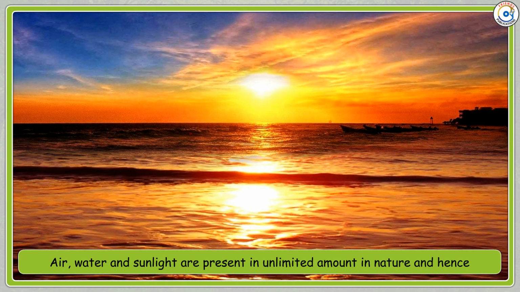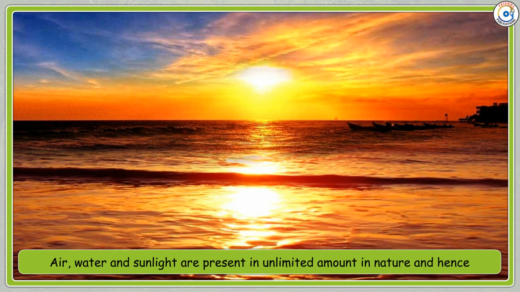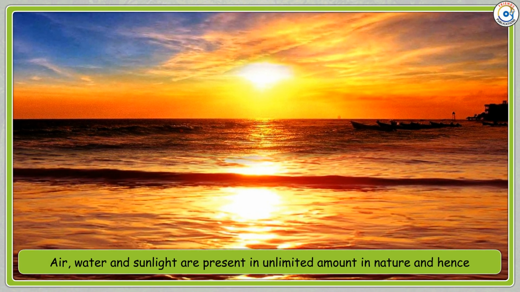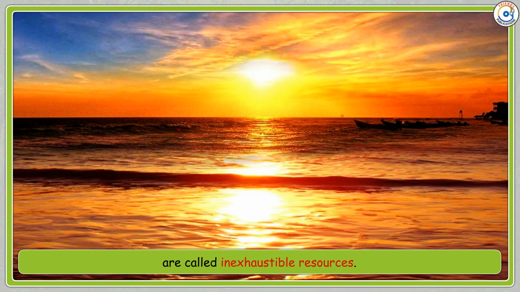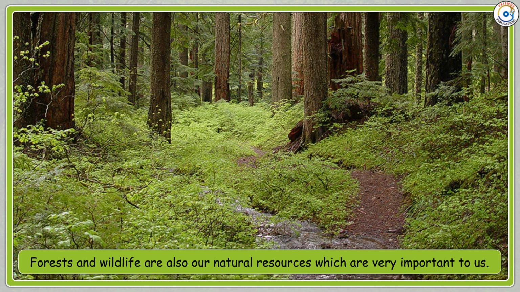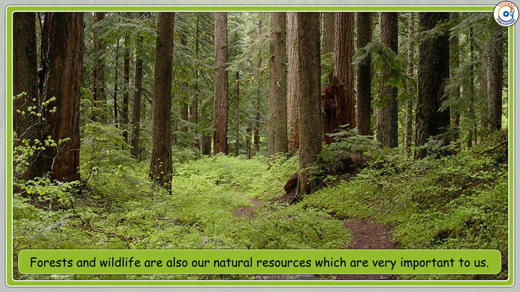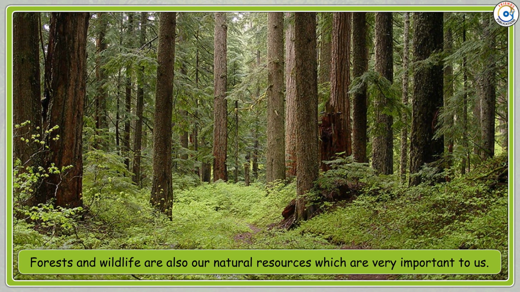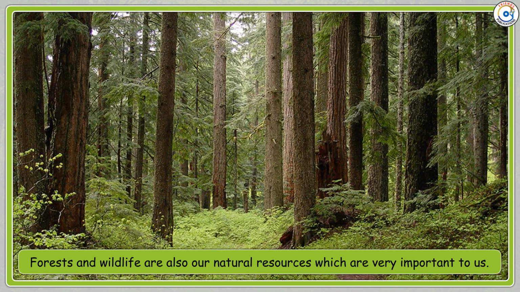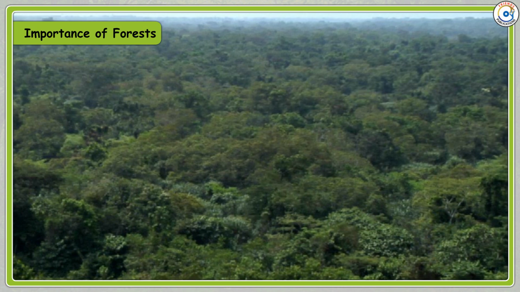Air, water, and sunlight are present in unlimited amount in nature and hence are called inexhaustible resources. Forest and wildlife are also our natural resources which are very important to us. Let us study about them.